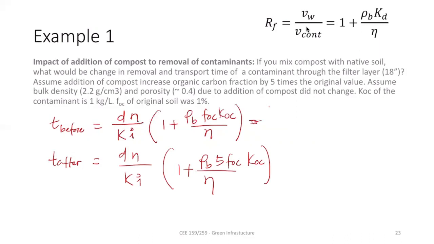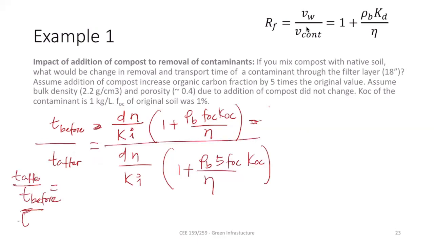So if you do T before by T after, or T after by T before, how many times it changed, if you do that one, it cancels all those things. These are all cancelled because they don't change.